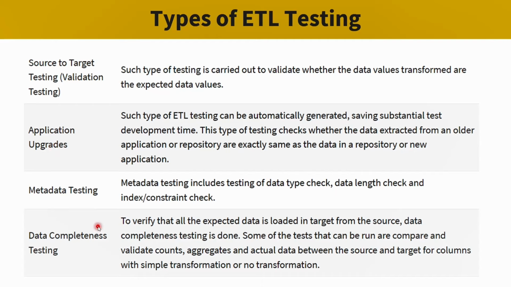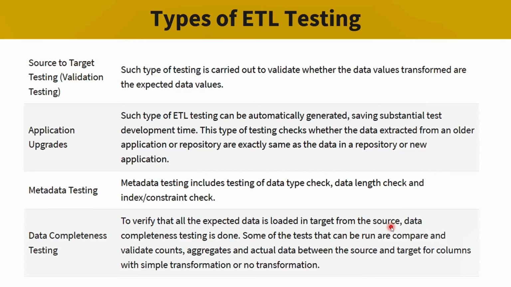The third type of ETL testing, which the business users are expecting from us, is called metadata testing. Metadata testing includes testing of data type check, data length check, and index constraint checks now.